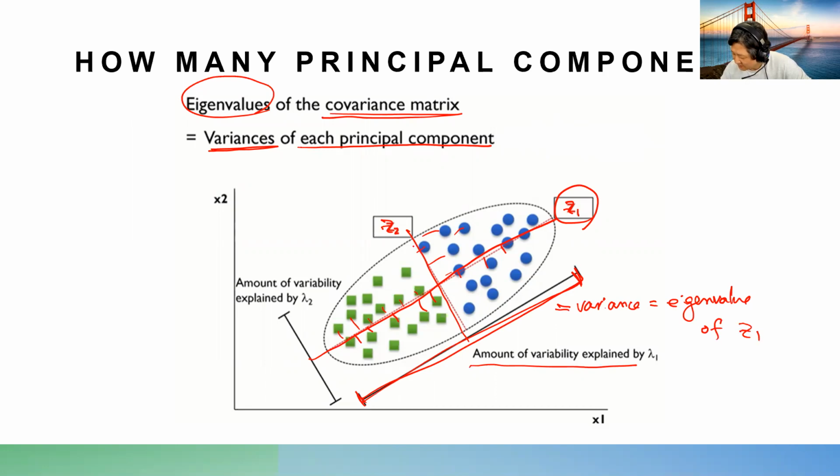And also the variance of Z2 is the eigenvalue of the second principal component. Here's a question. Do we want a large eigenvalue or a small eigenvalue?